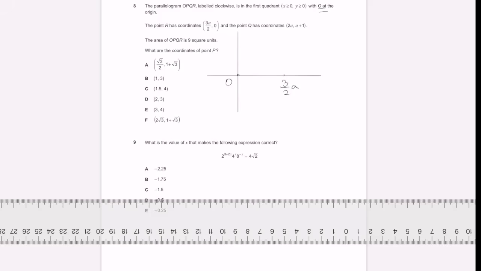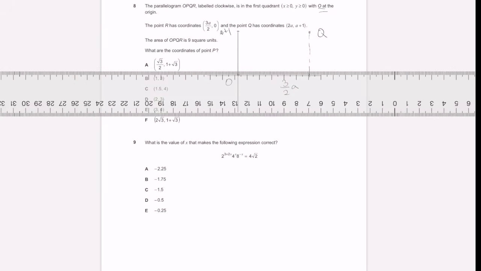We also know that we have another point which is Q that has coordinates 2a. So 3 over 2 is 1.5, so 2 is just going to be a little bit further up. And this here is going to be Q, like this, because it's at a plus 1. Let's call this point a plus 1 over here.